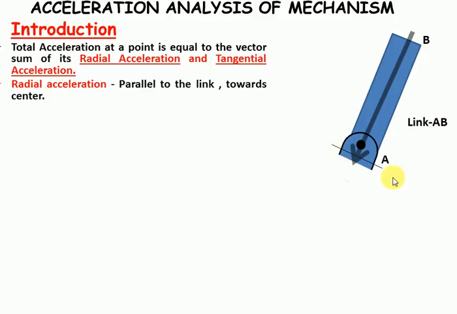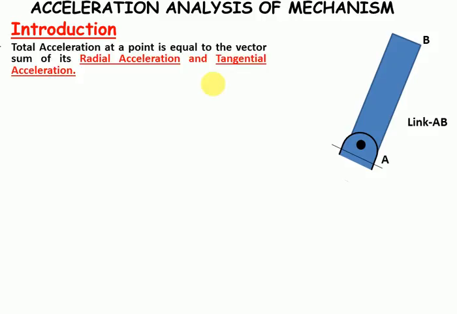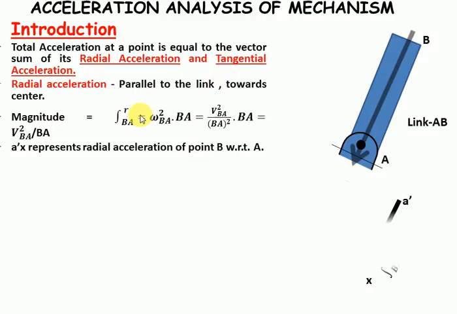That means the radial acceleration of point B with respect to A will be along the link AB, and it will be towards A, and its magnitude is omega square BA into BA.